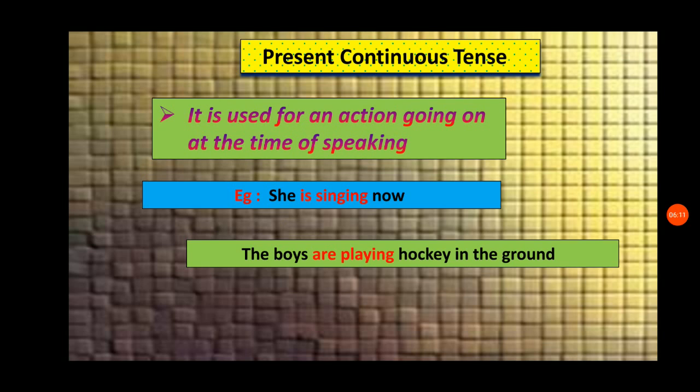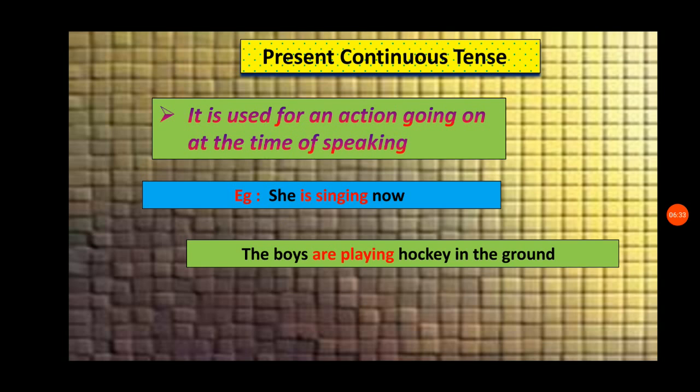But here in present continuous tense, the fact can have started in the past, the near past, just before, and it is happening or progressing continuously till this present. So that is present continuous tense.